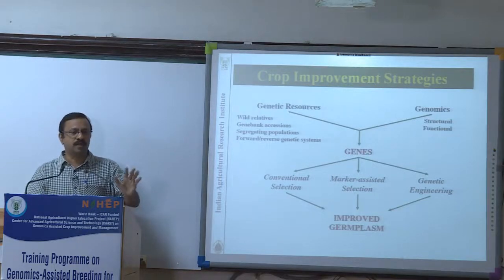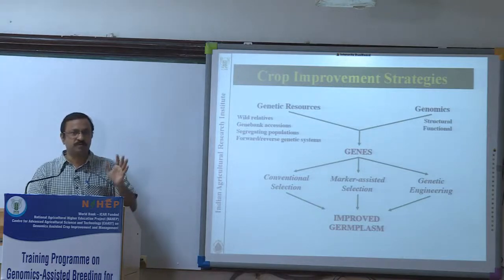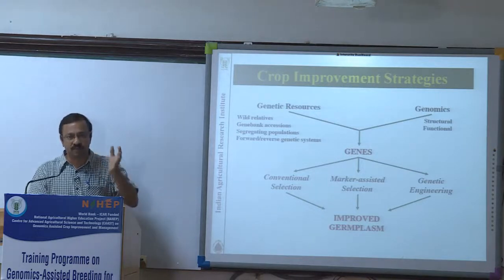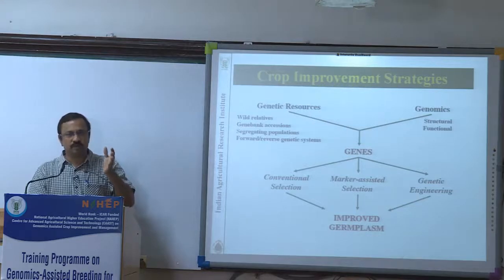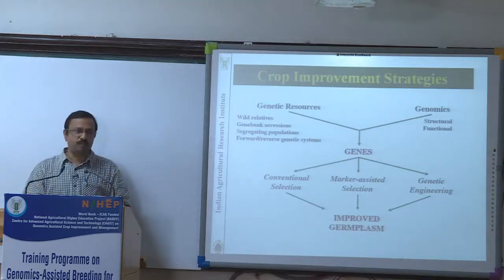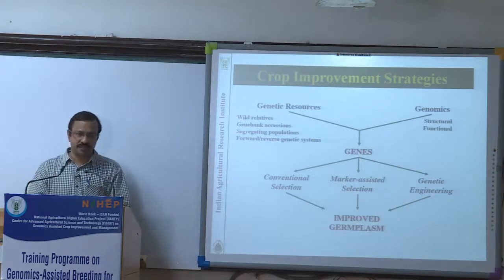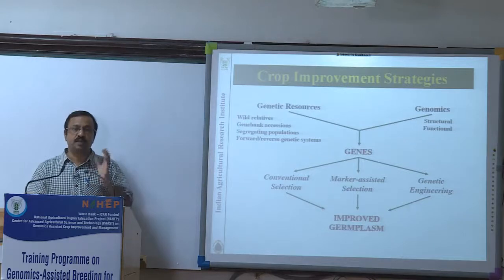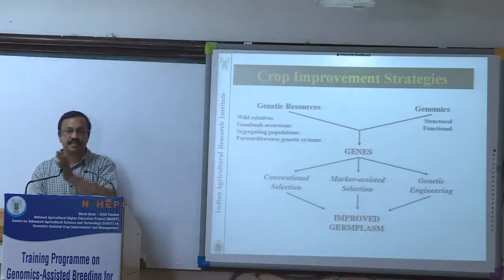When you look at selection by the Syrians, they were doing selection of date palm just by visual, right? Then slowly over years you had mass selection, where in a bulk of plants you were selecting individuals. Then again over years biometrics came, the use of mathematical techniques for selecting plant types.